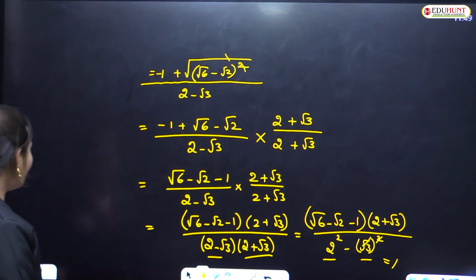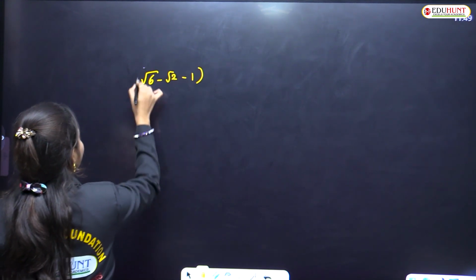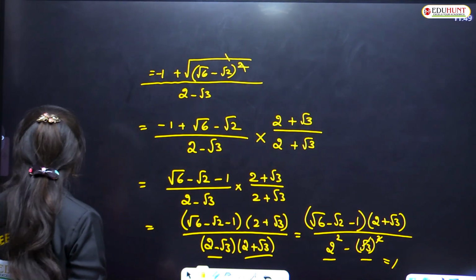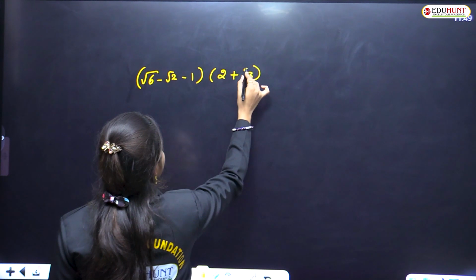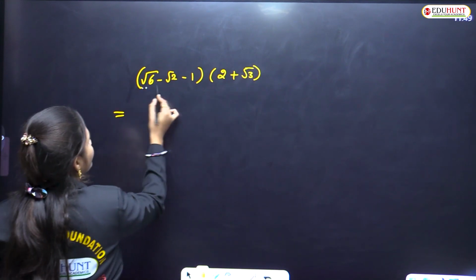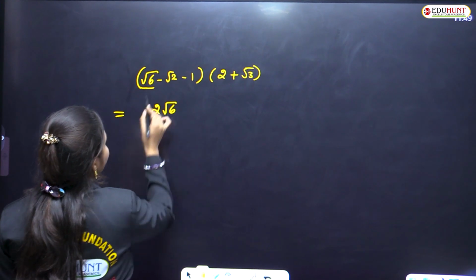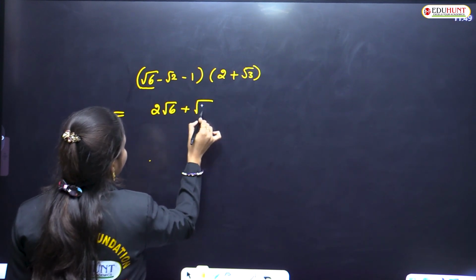Now here its numerator is root 6 minus root 2 minus 1 into 2 plus root 3. Now simplify this. What are we getting here? Root 6 into 2, which is 2 root 6. And here root 6 into root 3 is plus root 18.